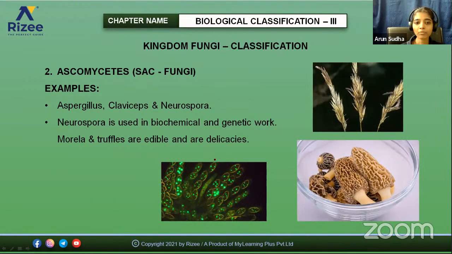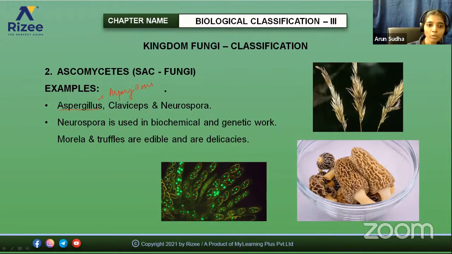So examples for the Ascomycetes are Aspergillus. This Aspergillus causes many diseases like aspergillosis, that is, it causes ear pain, and also some lung infections, like TB.